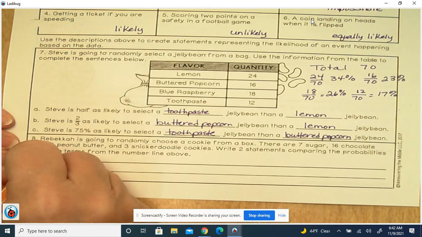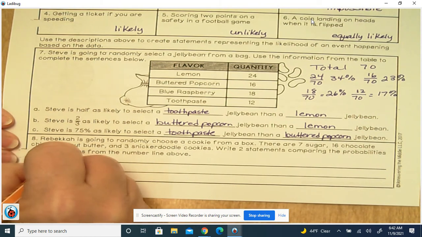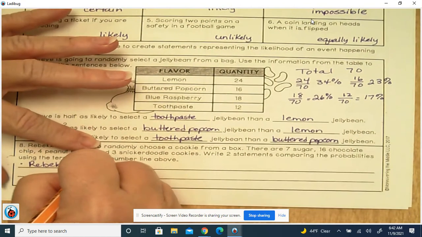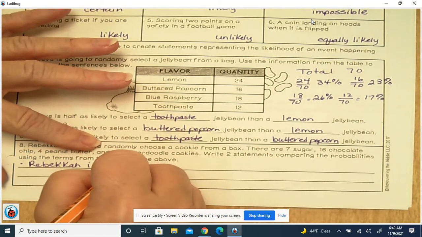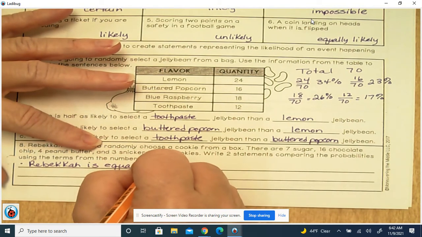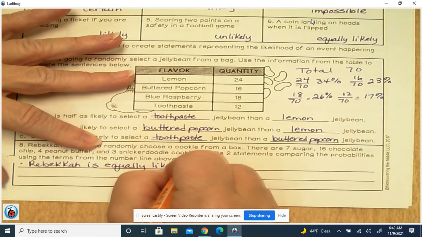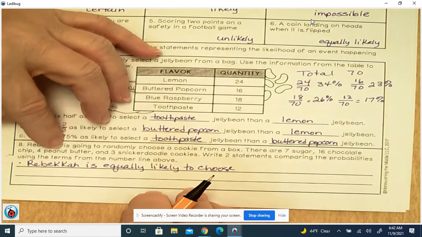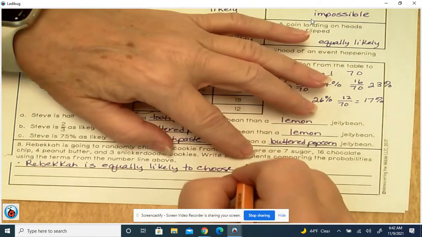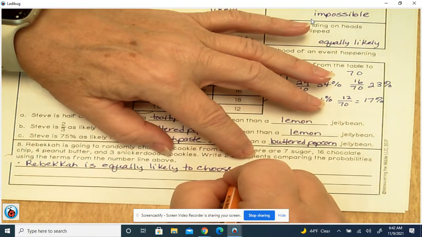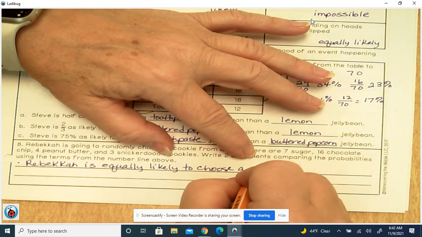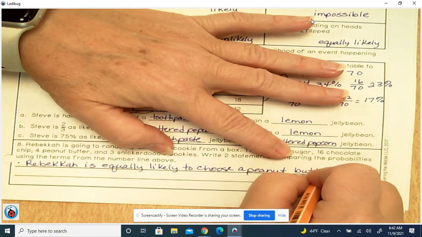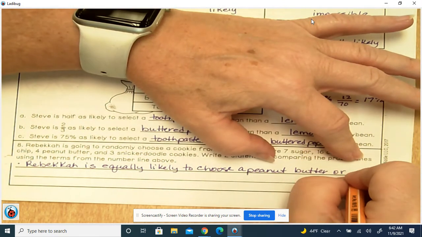All right, so we could say, one, Rebecca is equally likely to choose peanut butter or a snickerdoodle, because they're close in numbers.